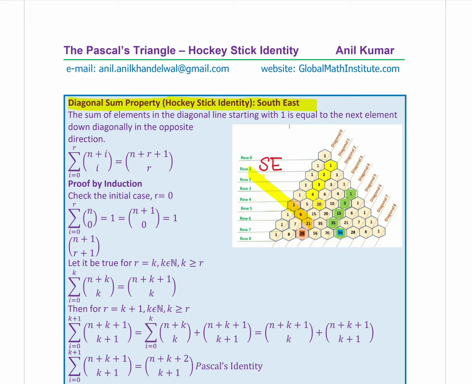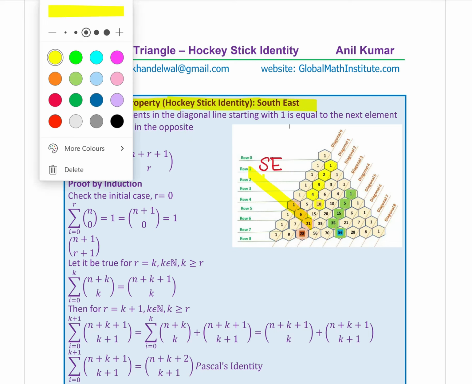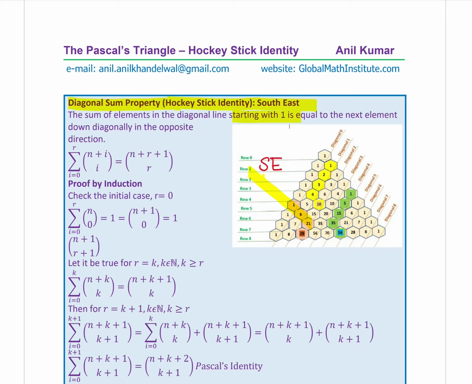So the sum of elements in the diagonal starting with 0 is equal to the next element down diagonally in the opposite direction. So that is kind of important, right? So you're going in the southeast direction.